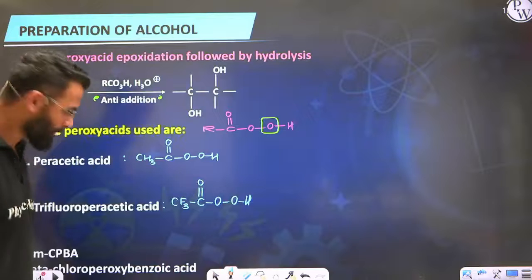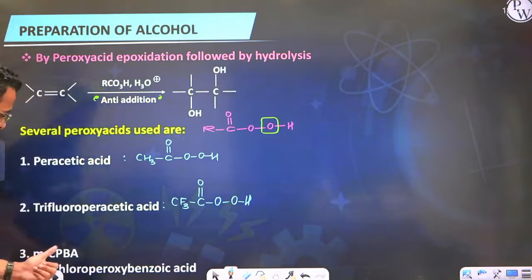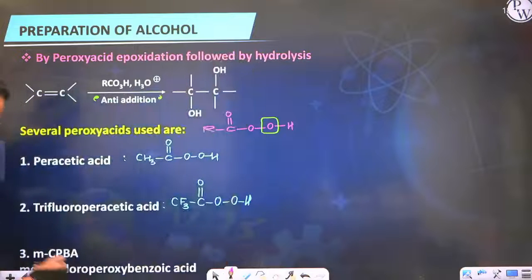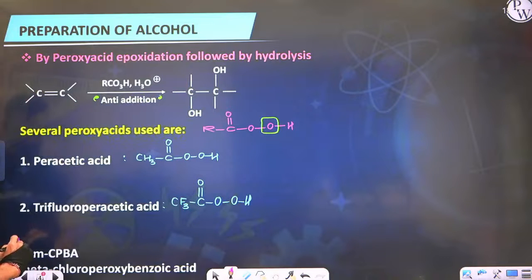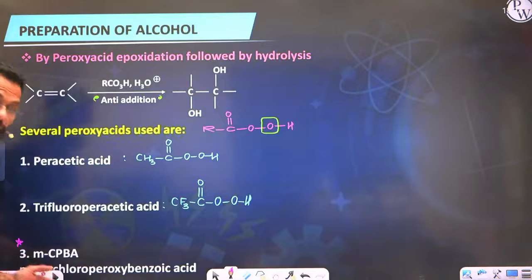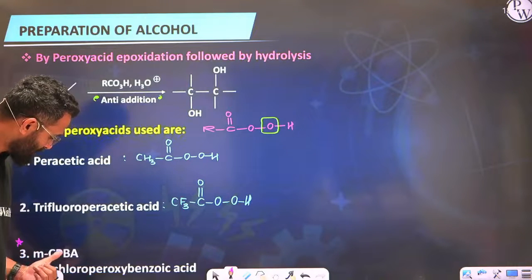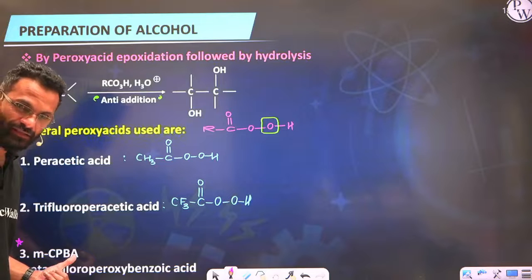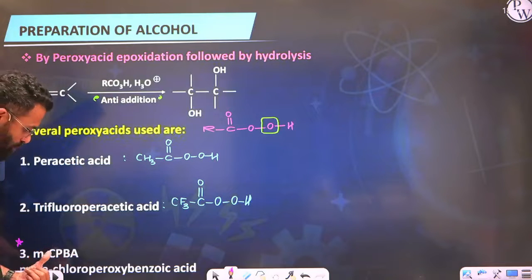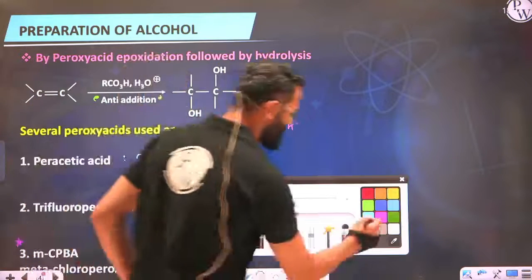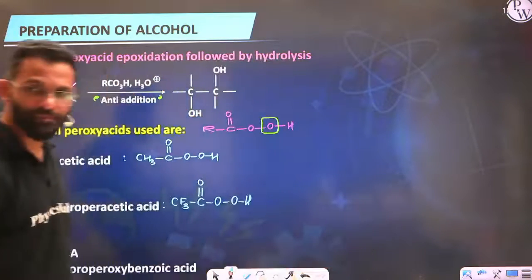Alright everyone. And then there is MCPBA. Well guys, many a time you will find this condition mentioned on the arrow. MCPBA is an abbreviation for meta-chloroperoxybenzoic acid. I repeat, meta-chloroperoxybenzoic acid. So simply what we'll have to do now is first get the parent compound, which is benzoic acid.